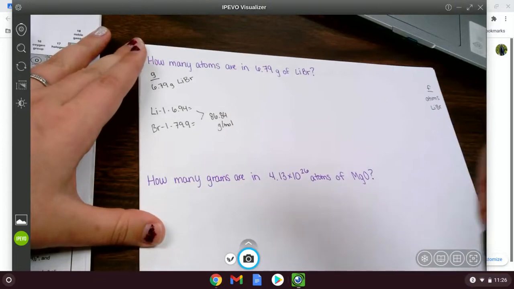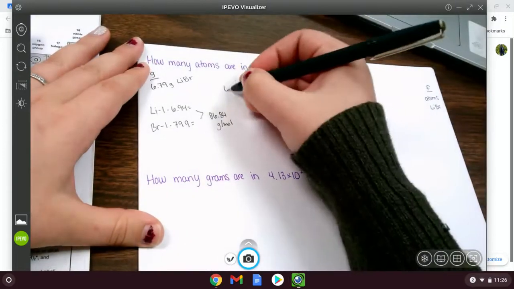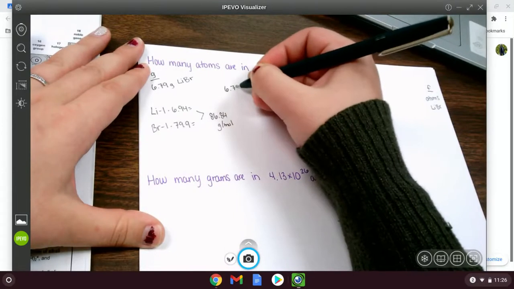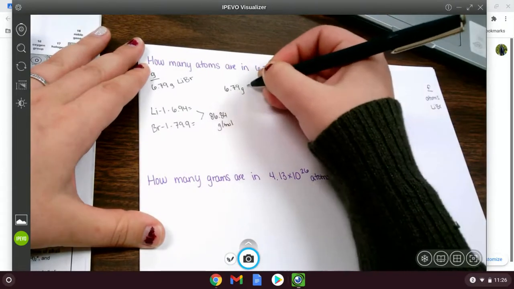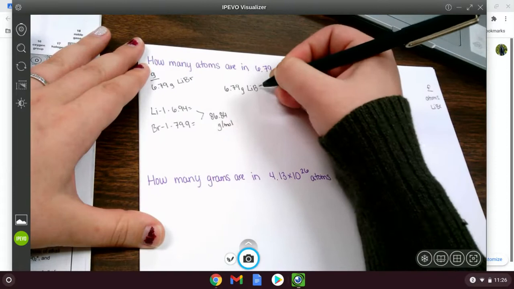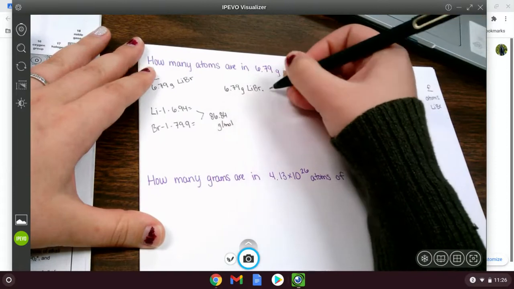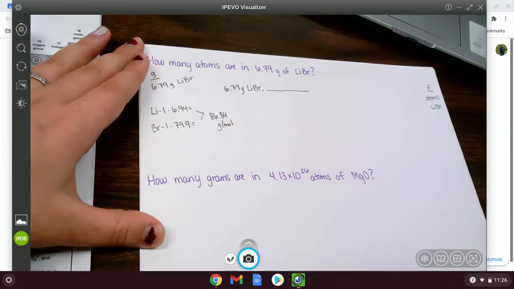So here we go. Always, always, always start with what you're given. So I'm going to start with 6.79 grams LiBr, dot and a line. We know that we want grams to go away.